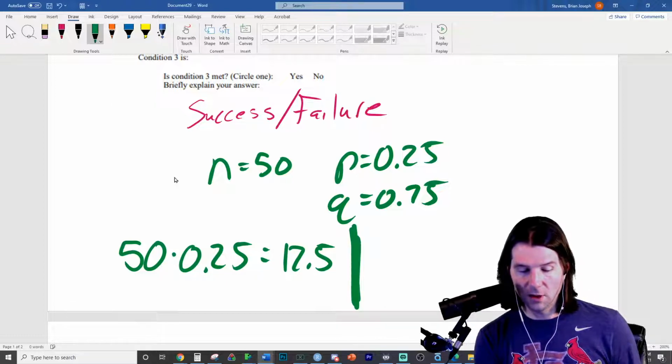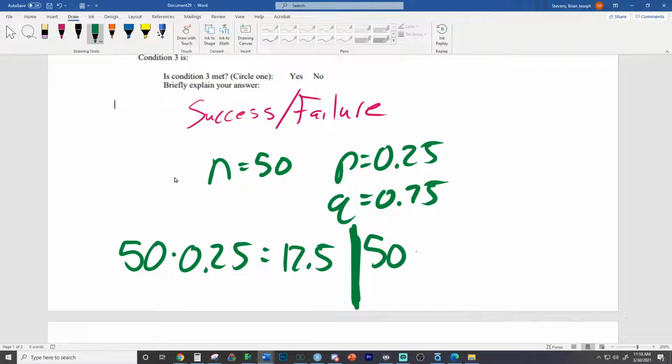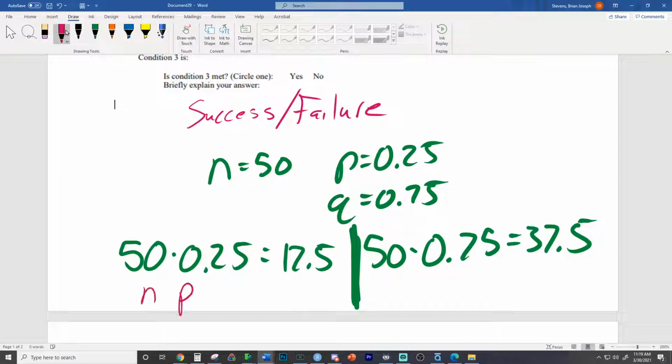And then the other side of it, 50 times 0.75 equals 37.5. And so this is NP, which needs to be greater than or equal to 10. We satisfy that. And this is NQ, the other side, which needs to be greater than or equal to 10. We meet all those conditions.